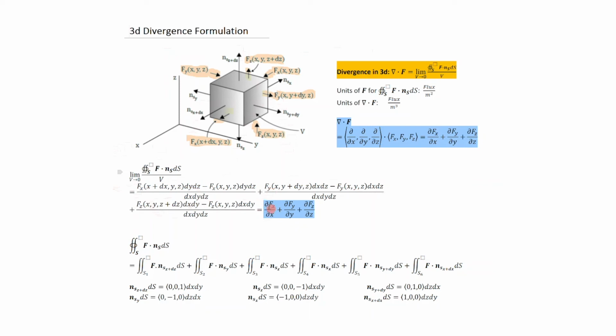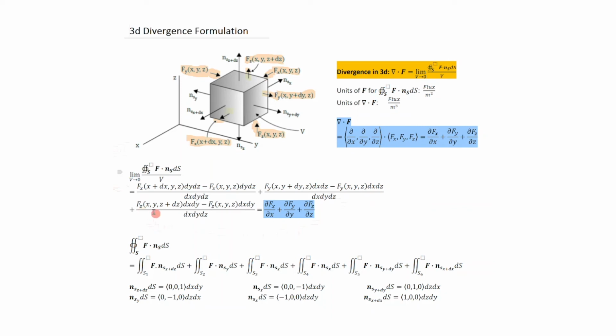Here, and that's this term, it's y that's being perturbed. It's y plus dy, and here it's y, minus, divided by dy in the limit. This is just going to be partial Fy by partial y. Why? Because the dx dz in the numerator and denominator will cancel.